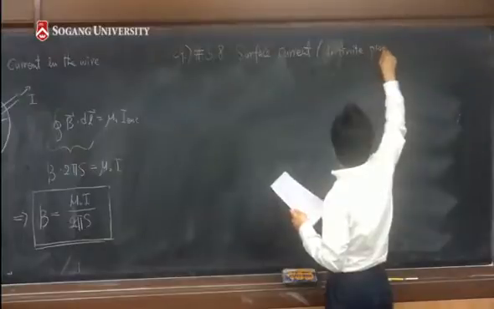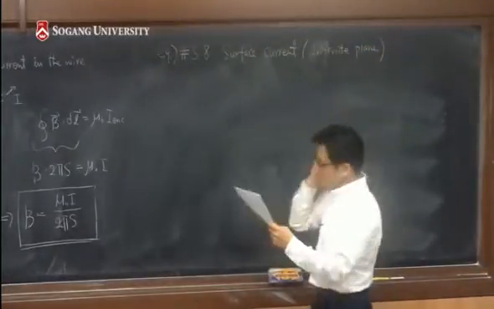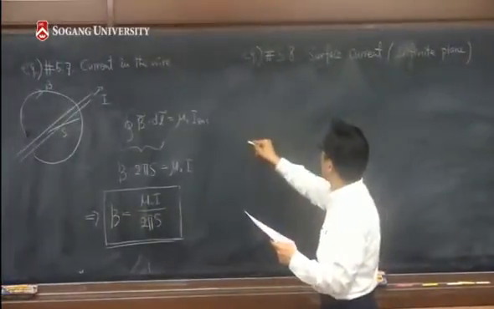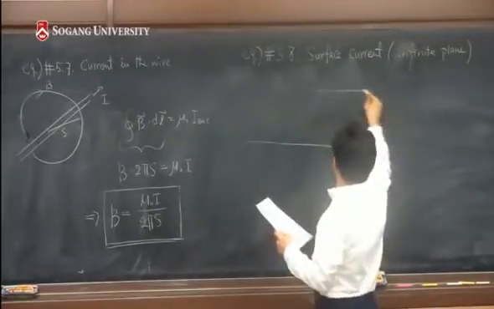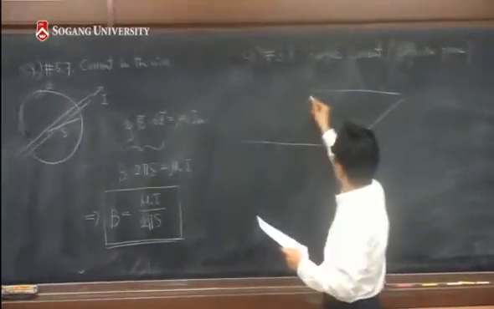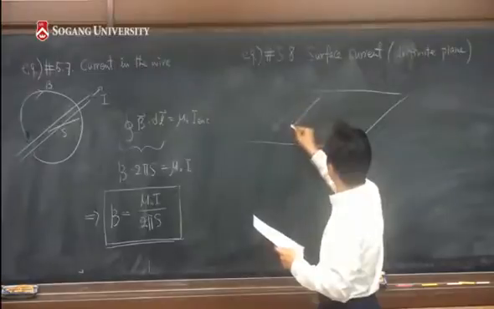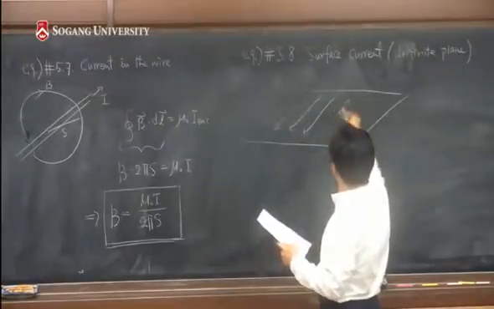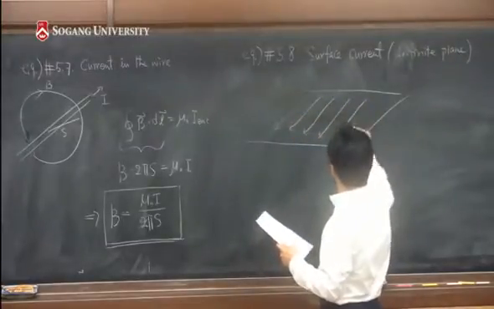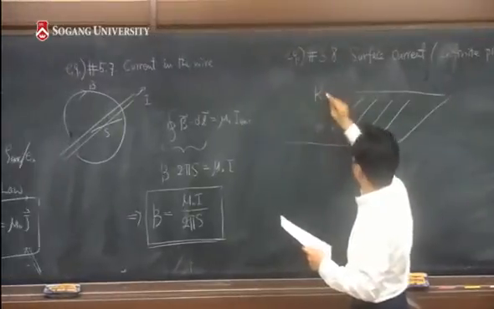Okay, so let's say there is an infinite plane like this, and the current is flowing with the surface current density given by K like this.